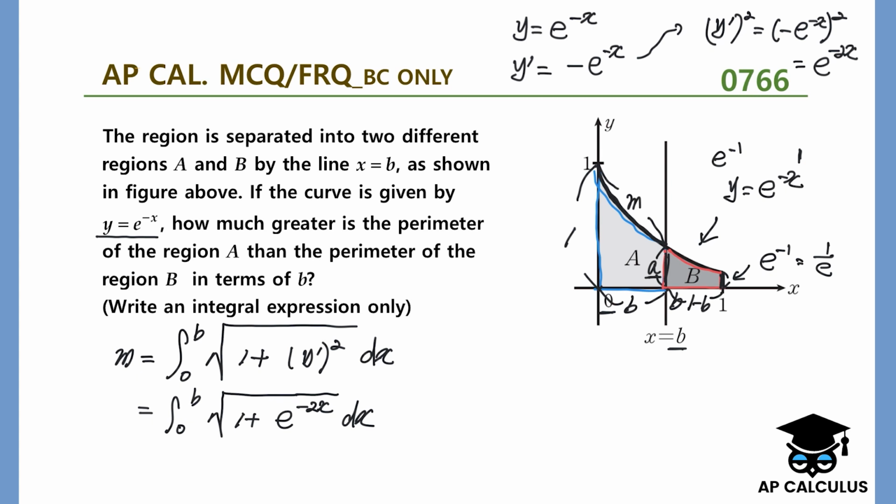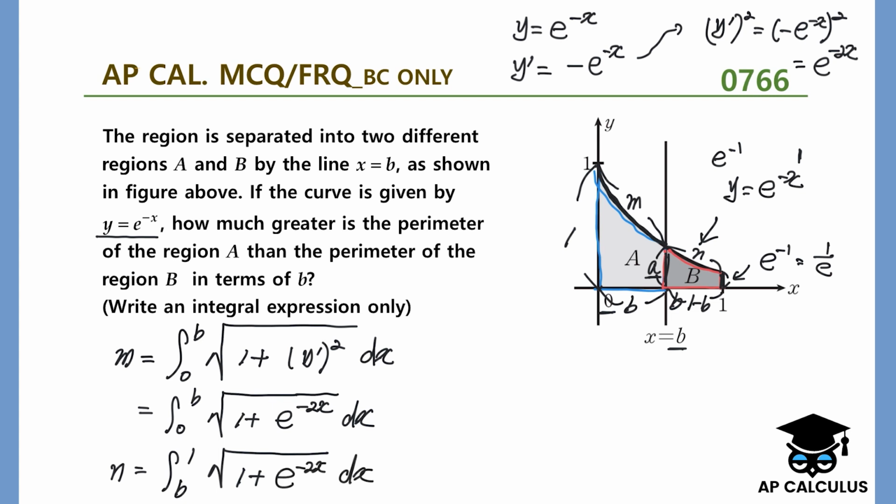And we have to find the length of this curve from here to here. That has to be an integral. Let's say this is n. n is the integral from b to 1, same integral, the square root of 1 plus e to the negative 2x dx.